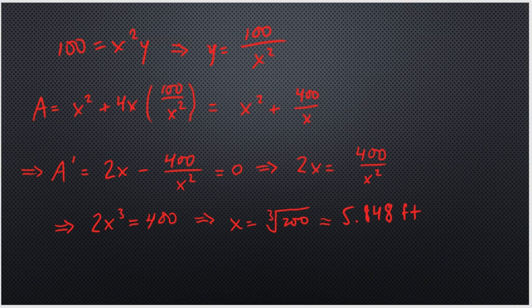Next thing we're going to do is take this x value that we found and substitute it into our constraint equation. We found that y was equal to 100 over x squared. So y is equal to 100 divided by 5.848 squared.